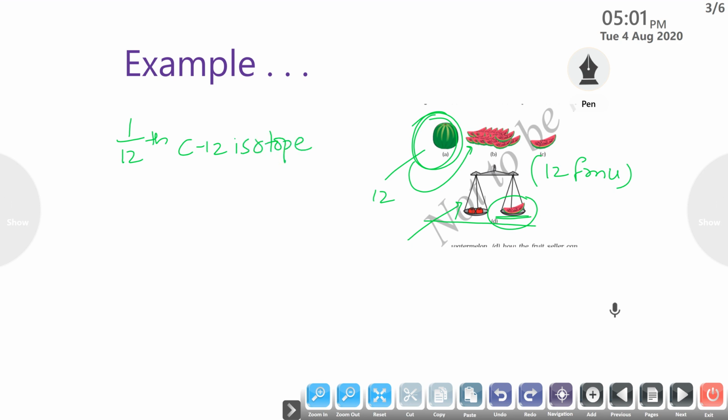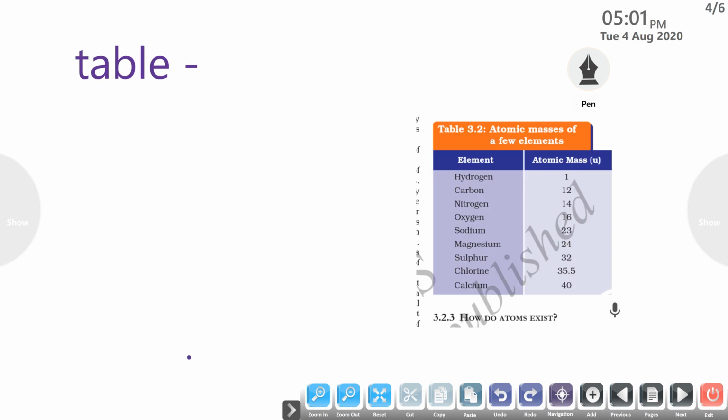Okay, so 1 AMU, one atomic mass unit, is equal to 1/12 of the carbon-12 isotope. Here we can observe some of the atomic masses of the elements.